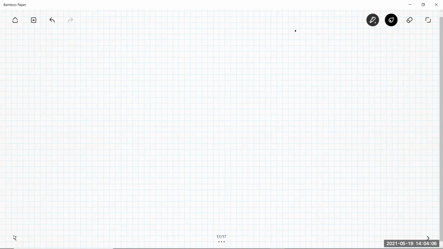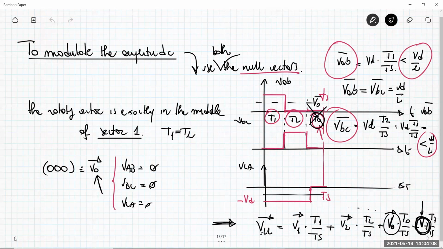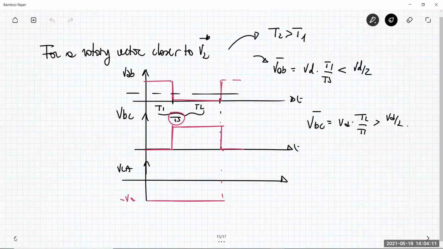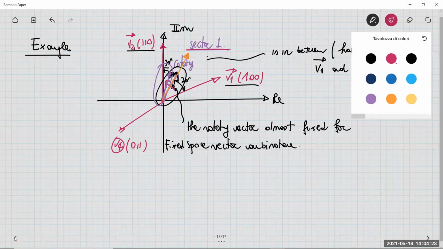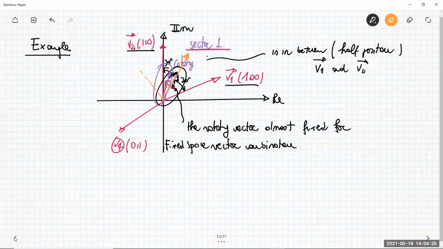Another thing that I want to stress here is that my discussion is using V1 and V2 as space vectors because the rotating vector in its evolution is in sector 1. When the rotating space vector goes into sector 2, then I have to use V2 and V3.